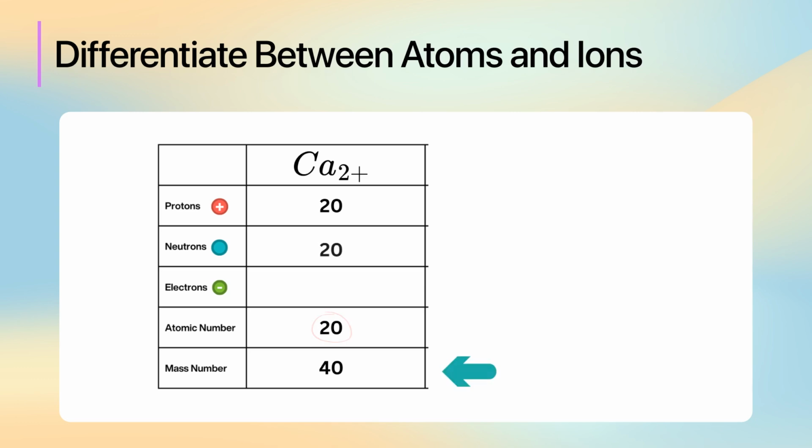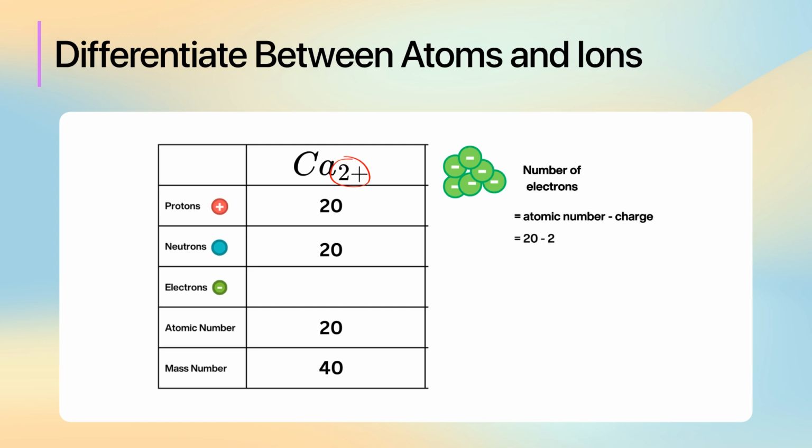The mass number minus the atomic number is 40 minus 20, which gives us 20 neutrons. The calcium ion has a +2 charge. Since this is a positive charge, this indicates it has lost 2 electrons and now has more protons than electrons. Therefore, the number of electrons is atomic number minus charge, which is 20 minus 2, which equals 18 electrons.